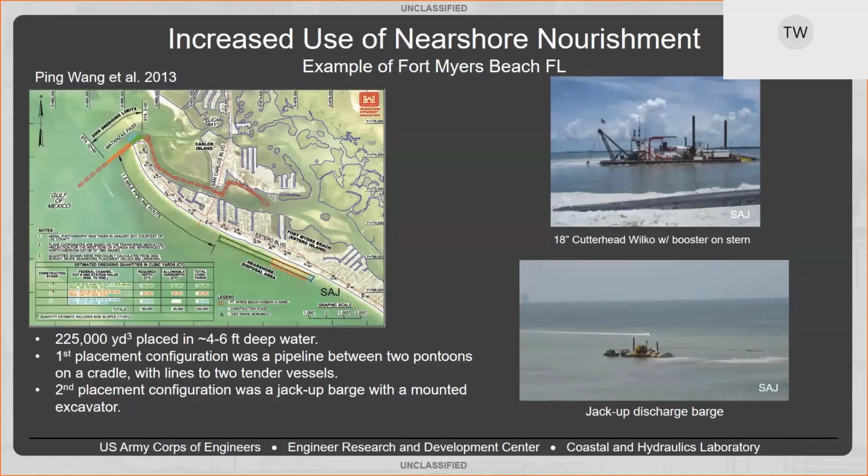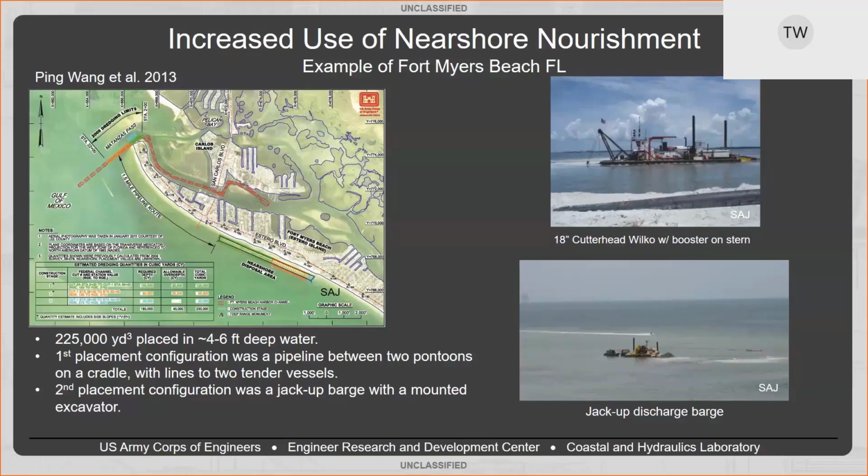In previous SERP technical discussions, the Regional Sediment Management Program and the Dredging Operations Environmental Research Program are all orienting, doing R&D and developing projects to further promote this nearshore nourishment, which can be more economical and in some cases more environmentally safer.